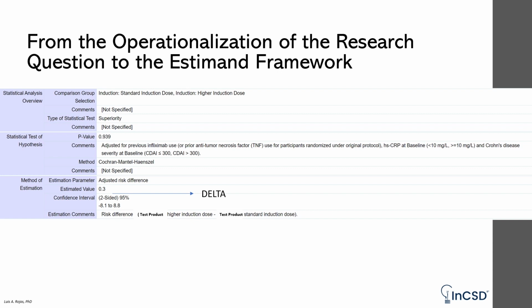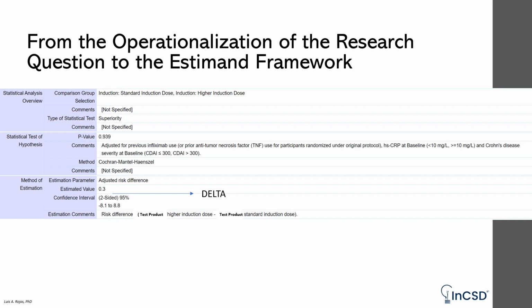Also, pay attention not only to the statistical method, the CMH method, but to the result. The estimate is 0.3 for the risk difference between the investigational medical product higher dose and the standard induction dose in the induction phase.